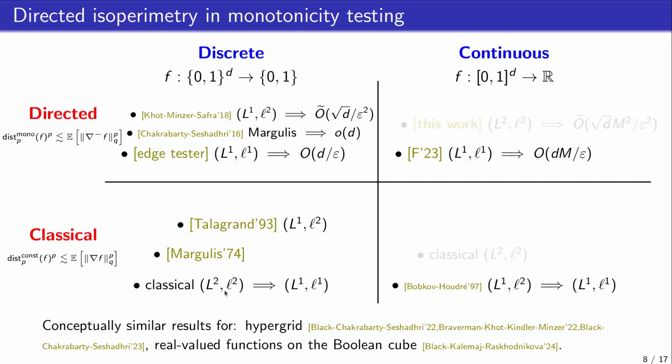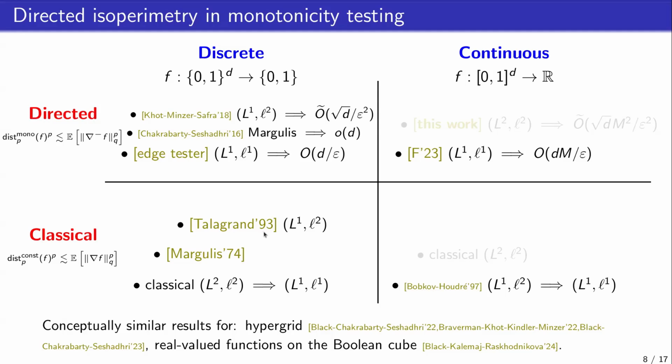And it turns out that you can extend this connection between Poincaré inequalities and directed versions in monotonicity testing much further. This type of connection was first observed by Chakrabarty and Seshadhri, who got the first sublinear query complexity tester. And the state of the art here is the optimal non-adaptive tester, which is a square root of d tester by Khot, Minzer, and Safra. And it turns out that this follows from the directed version of another Poincaré inequality called Talagrand's inequality.